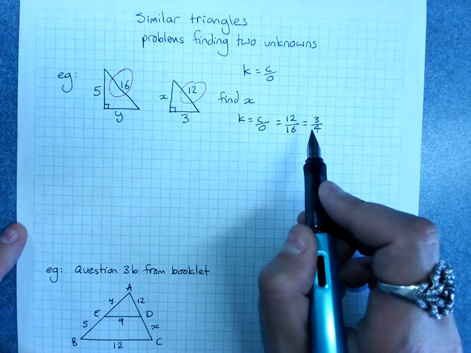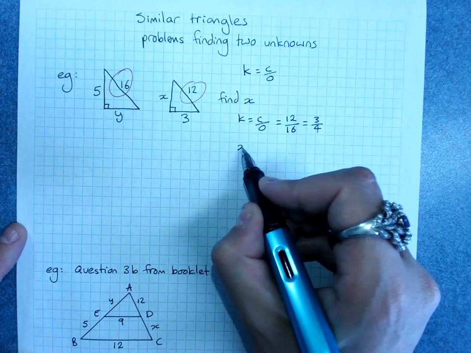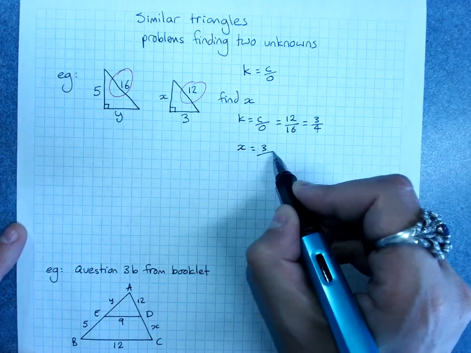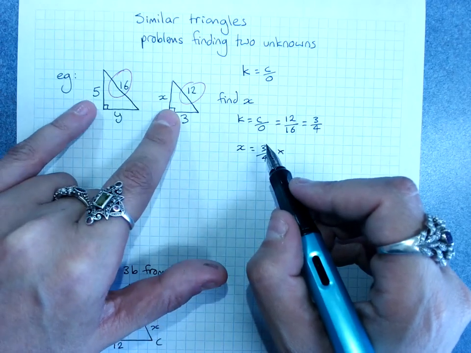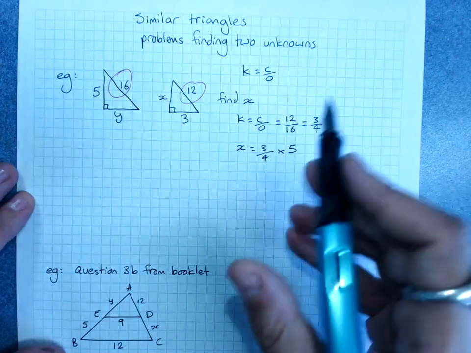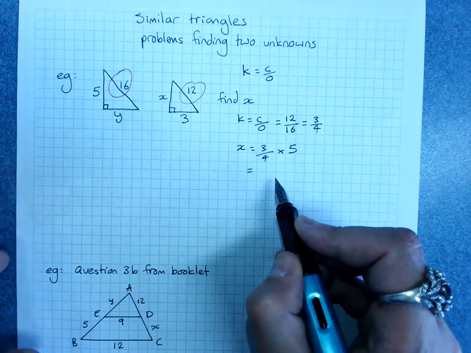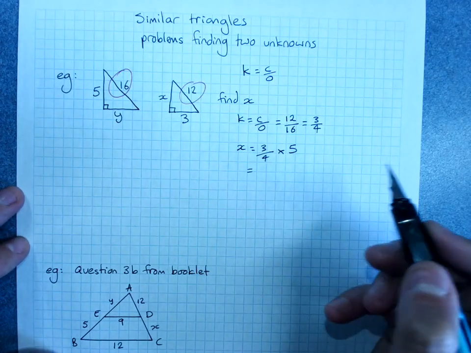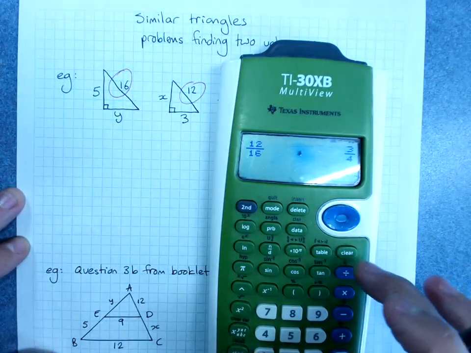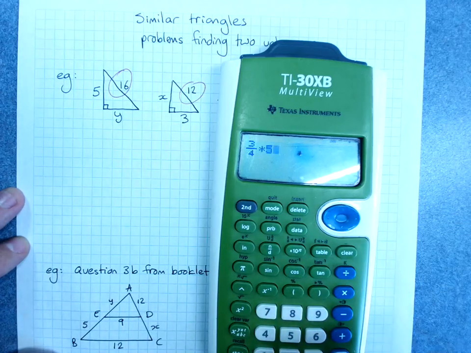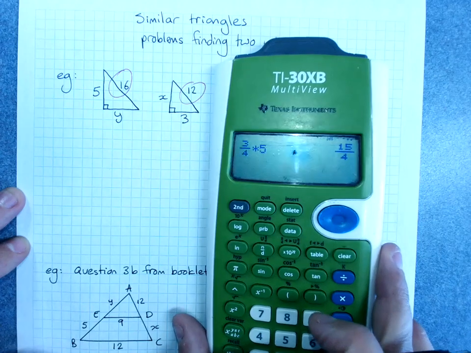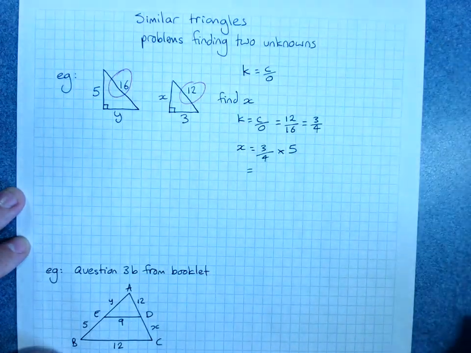So we've found the scale factor, and now x is found by doing the scale factor times the side that corresponds to x, which is 5. Now this is 3/4 times 5. You can grab a calculator if you want. 3 over 4 times 5 will give you 15 over 4, which you could have worked out.